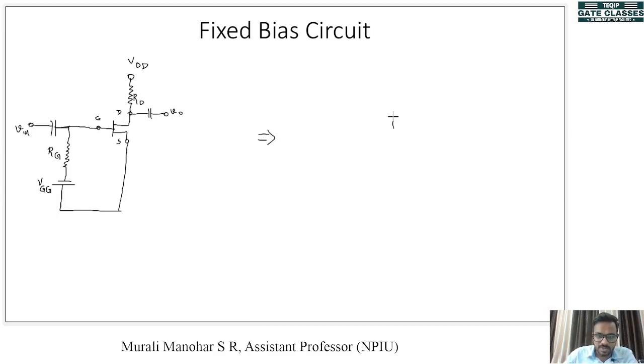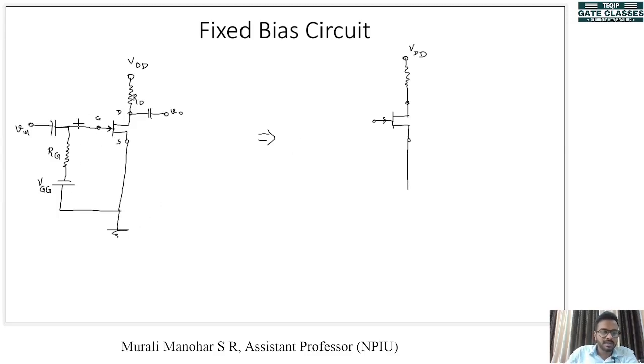So, this will look like this. One more thing, this is an N channel FET. So we have our FET here. Now there is RD here, VDD here, and the source is directly connected to ground. We have the ground potential here, the reference potential.